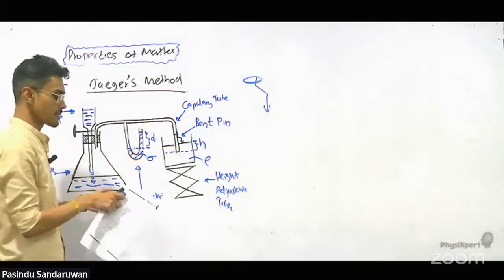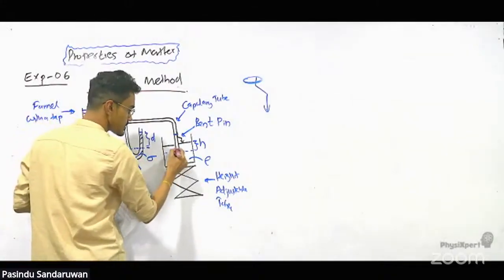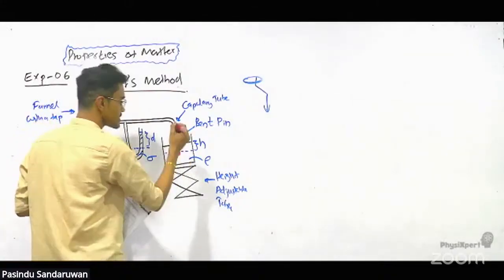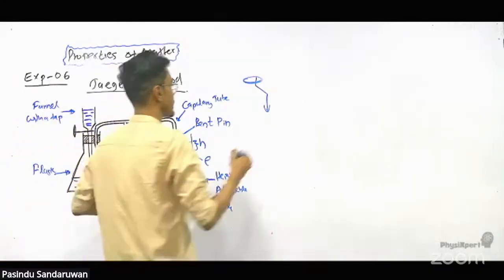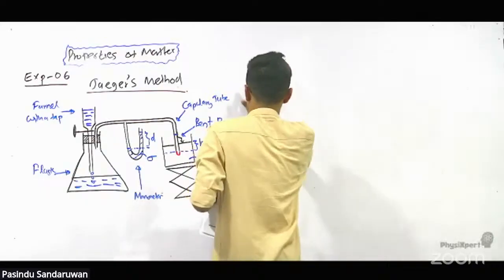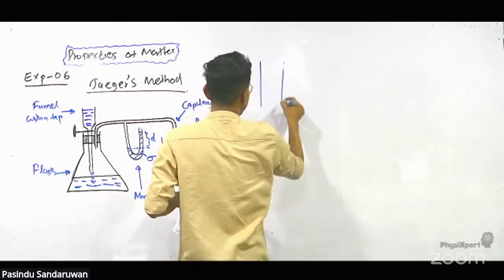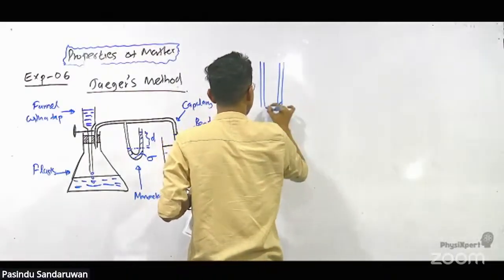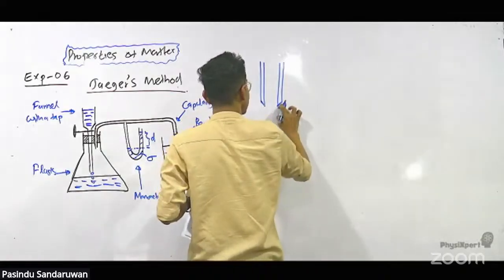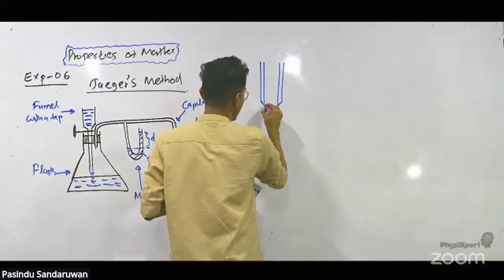When that is pressurized, a liquid meniscus forms here. If you take an enlarged, magnified view at the edge of this tube, there is a liquid meniscus formed like this.